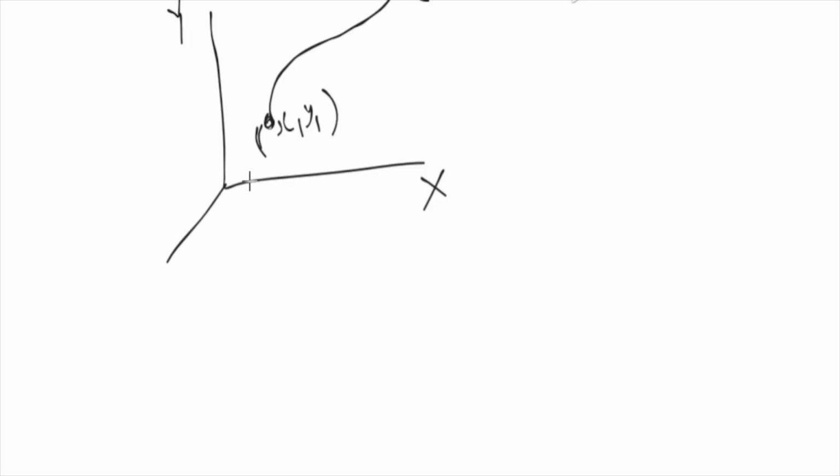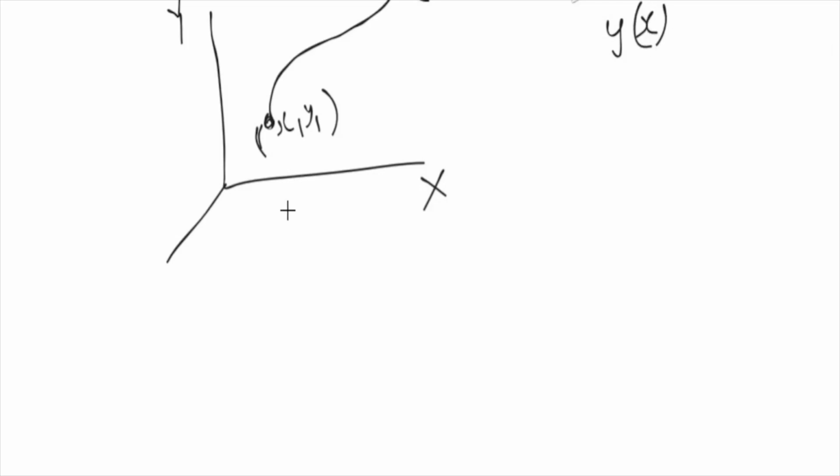And we want a curve, which we have drawn here, which minimizes the distance between them. And the curve is defined by some function, and suppose that function is y of x.